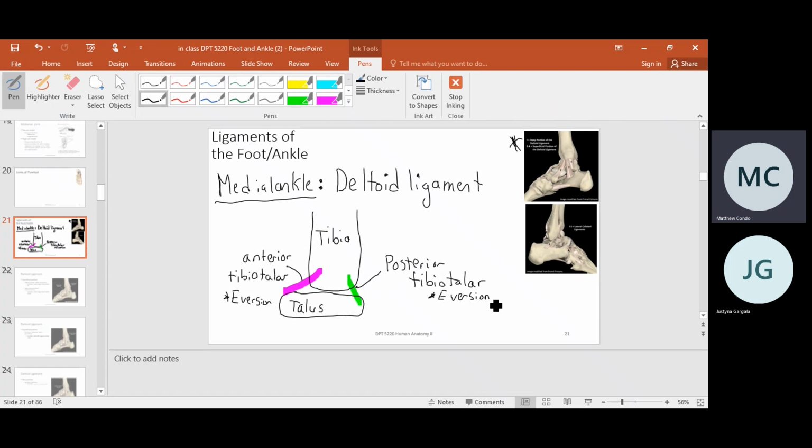Easy as pie. Says what it does what it says. Right? It's in the name. The posterior tibio-talar is going to do exactly what my PCL does. Right? It's going to prevent excessive posterior translation of my talus. That's pretty darn easy.